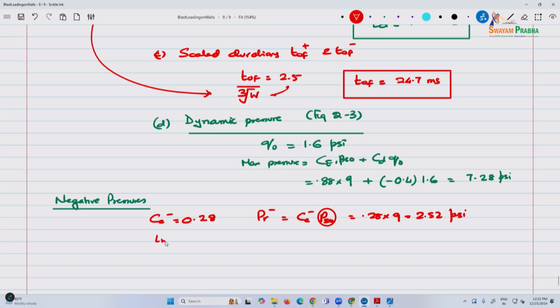Then TOF for LWF by L equal to 3.95, TOF negative by cube root of W. The same thing for the scaled, so I get this to be 10, or TOF negative is 98.64.